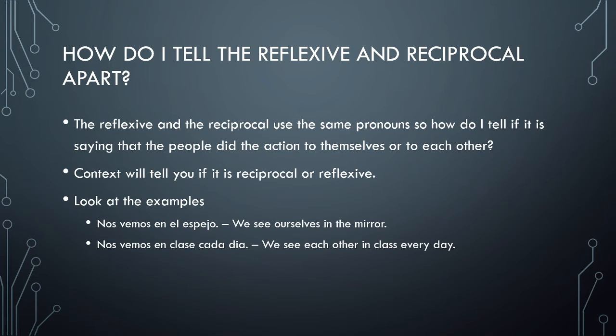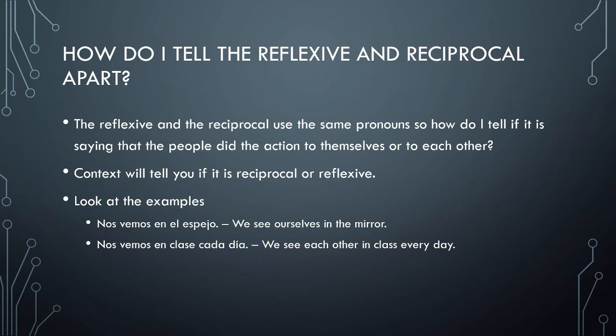So the question becomes, if I'm using reflexive pronouns and I'm using them in the same way I would have used the reflexive pronouns, how do I know whether I'm talking about reflexive or reciprocal? The answer is the context will tell you. We have a couple of examples here. So we look at nos vemos en el espejo. Because we're doing this in the mirror, we're probably looking at ourselves.